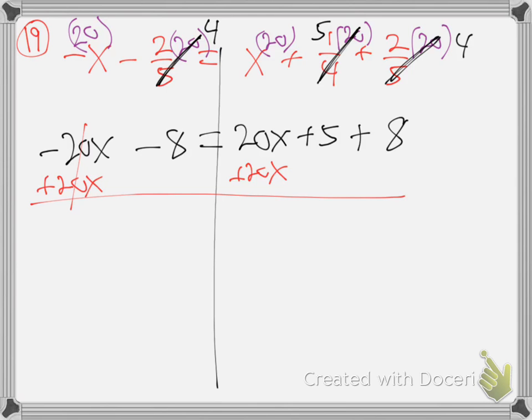So what do we get? Minus 8 is 40x plus, and those are 13. 5 and 8, 13. That's good.